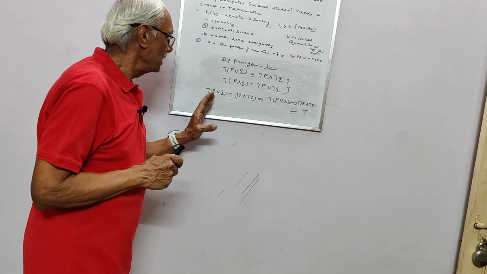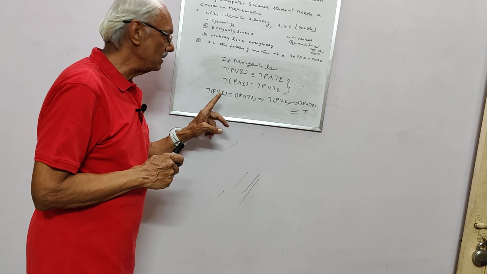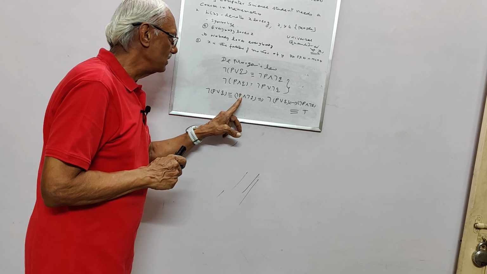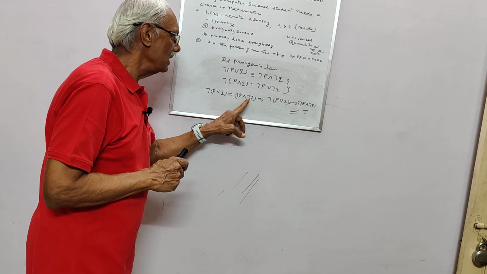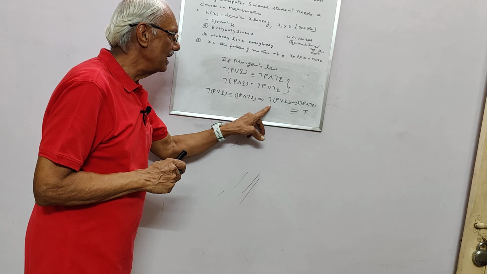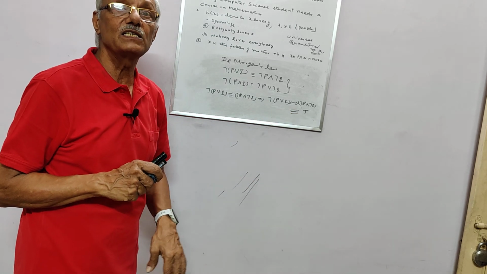What I mean is that if negation of P disjunction Q is equal to negation of P conjunction negation of Q, and these two are true, then this implies that their biconditional statement is a tautology.